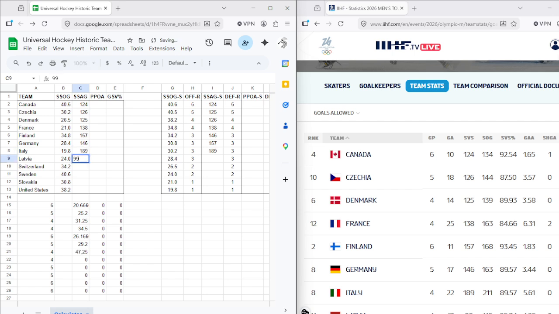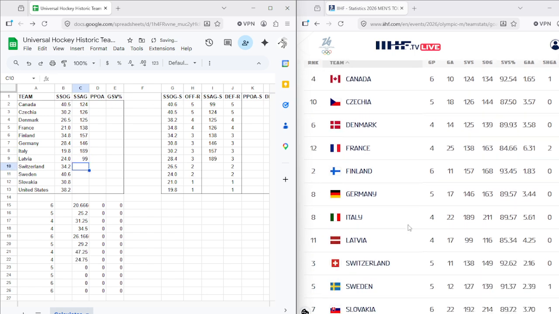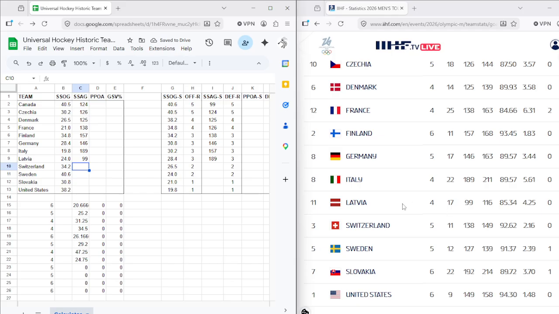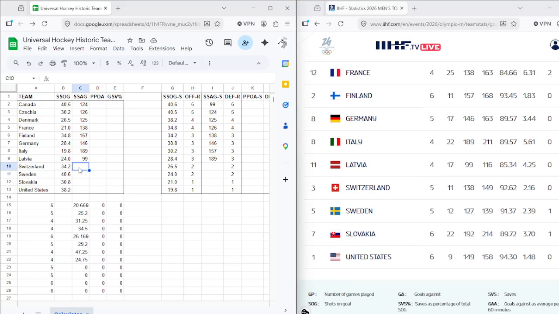46, 189, 99 saves by Latvia. That seems low, but down here, if we look at the conversion, you have to remember they only played 4 games, so that's something that's going to help. Switzerland 138, Sweden 127, 192, and 149.